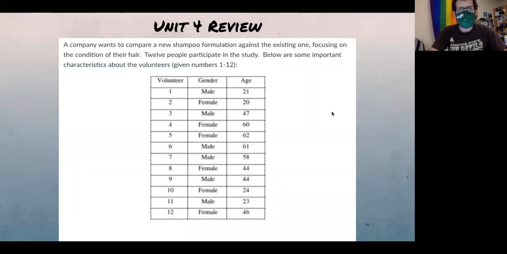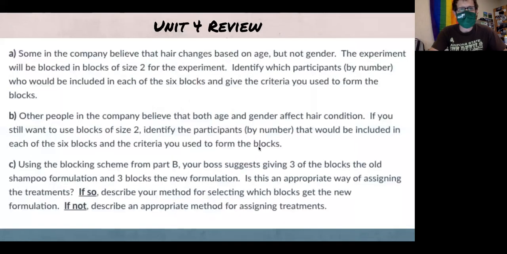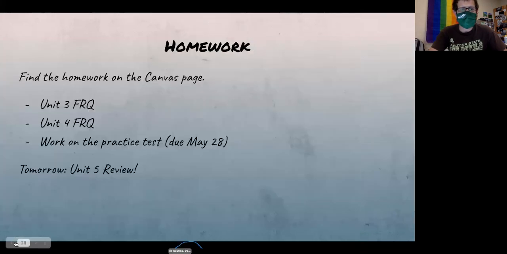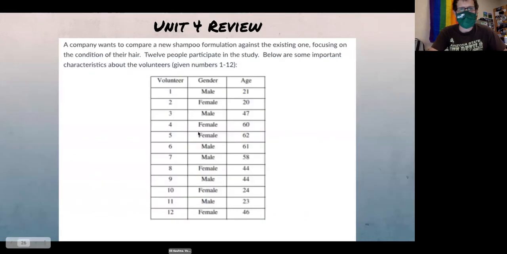All right, now just remember with blocking, and in this case we're going to be doing matched pairs, or blocks of size 2. You want to make sure within your blocks, when you randomly assign, that you get people as similar as possible. This is a question I believe everyone had.